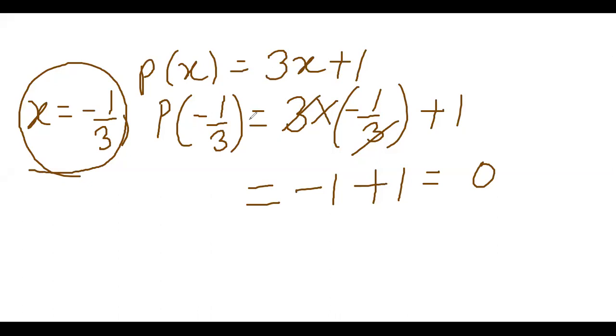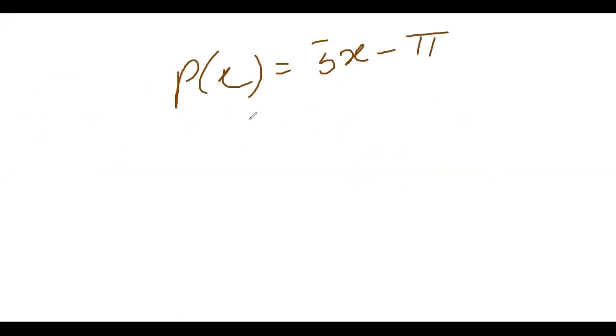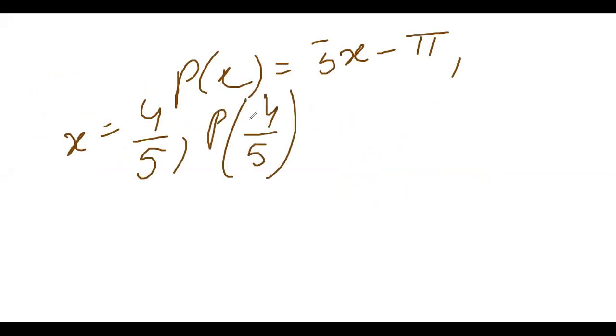Let's try one more. The next one is given, p(x) is equal to 5x minus pi and x is given 4 upon 5. ठीक है, x is given 4/5. Just put x is equal to 4/5. 5 multiply 4/5 minus pi. 5 and 5 will be cancelled.